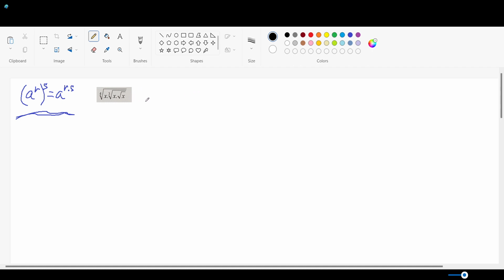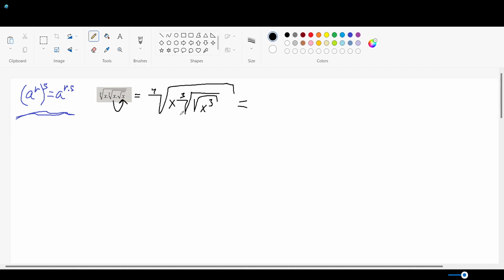I will use the radicals, so it means it's the fourth root of x, third root of, and now the first thing I want is to put this one inside of this, so it will be square root of, and as x goes under the square root, it's gonna be x squared times x, which means it's gonna be x to the third power.